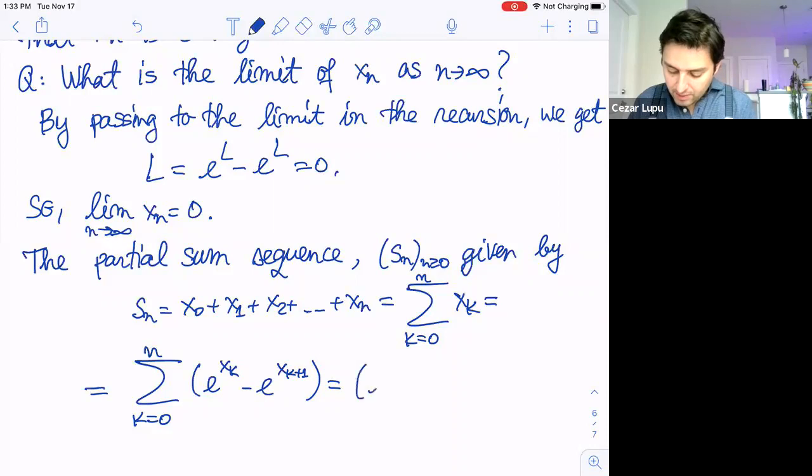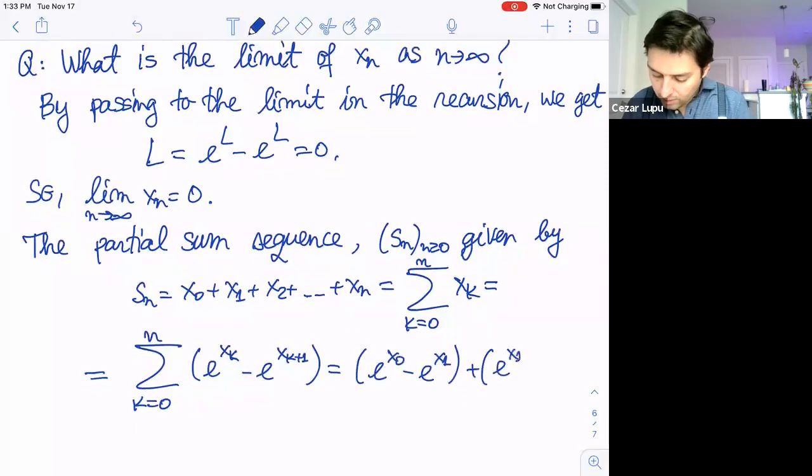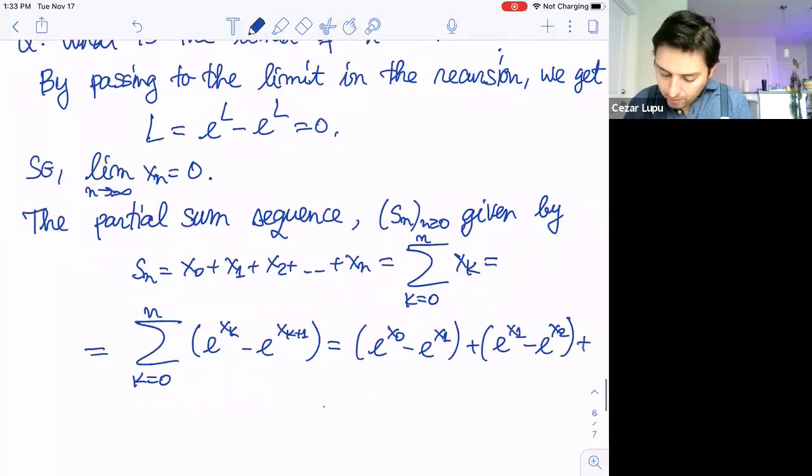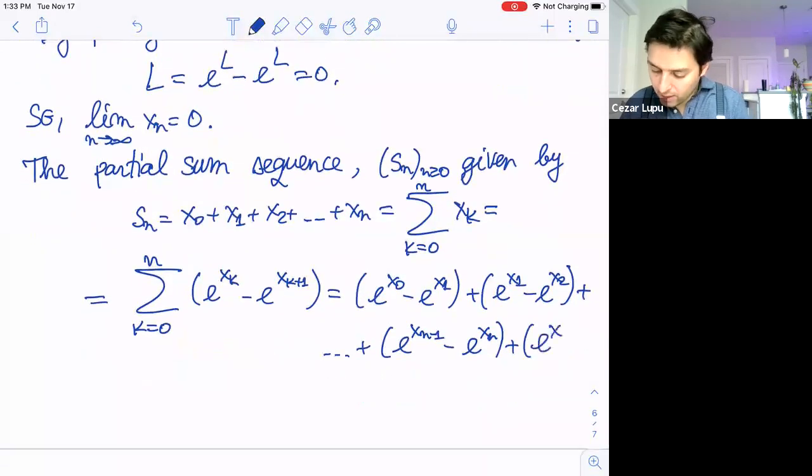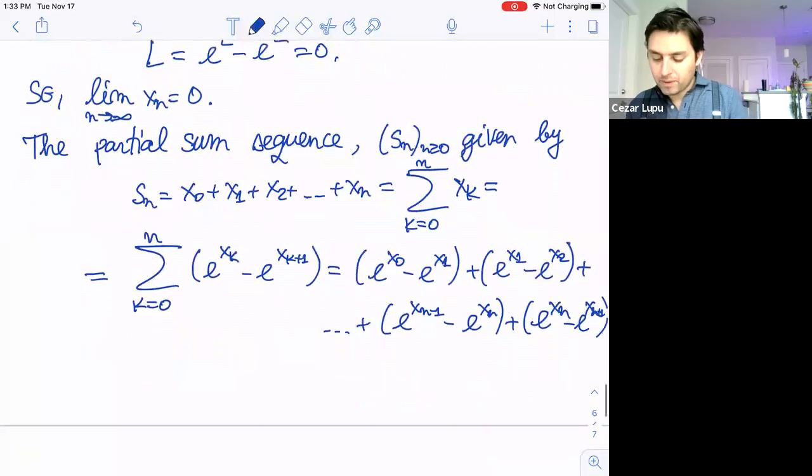I'm going to write it like this. e to the x0 minus e to the x1 plus e to the x1 minus e to the x2 plus, let me write the last before the last one, e to the x n minus 1 minus e to the xn plus, and the last one is e to the xn minus e to the xn plus 1.